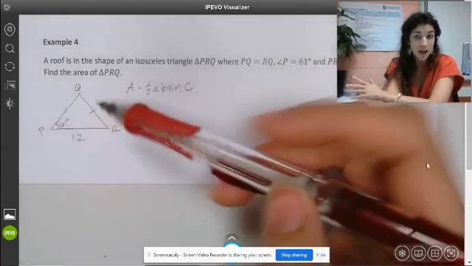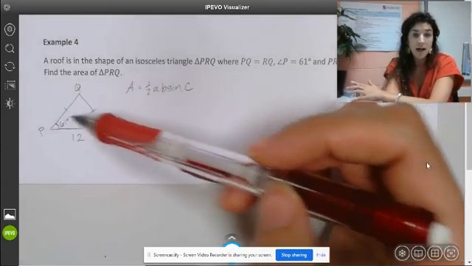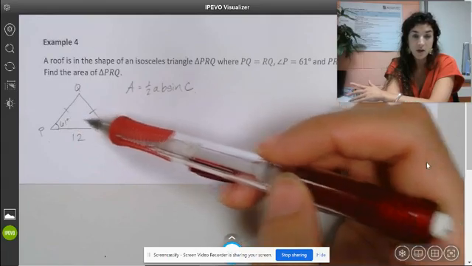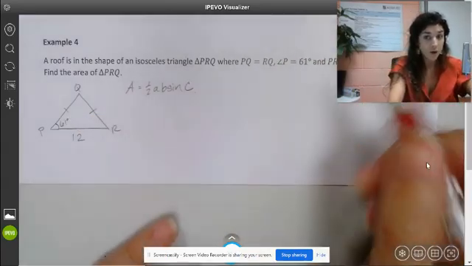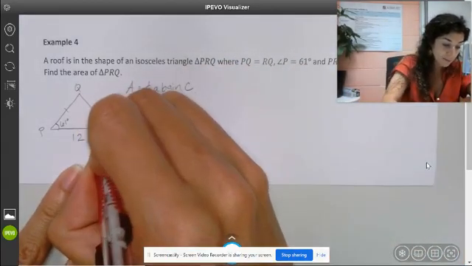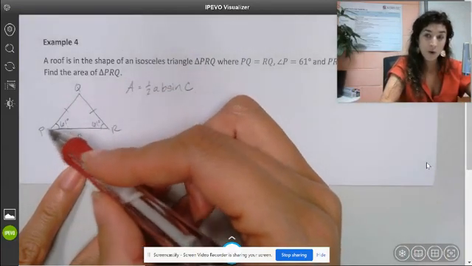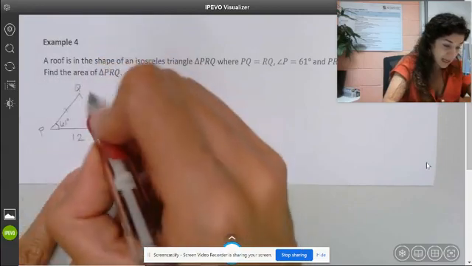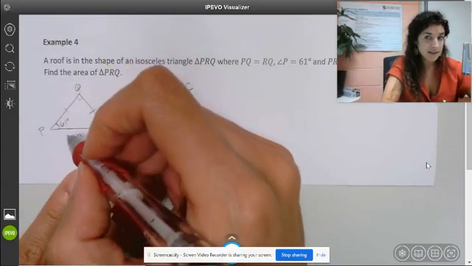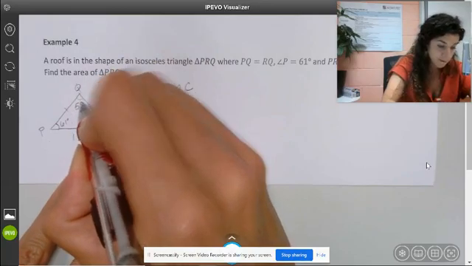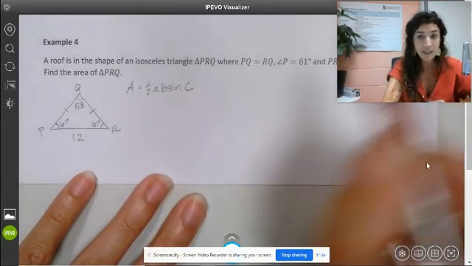That's it. So looking at what we do have here, we know that this is an isosceles triangle. So if we know this angle, we know that the other angle over here is also going to be 61. Using that, we can then solve for our third angle. I'm going to take 180 minus 61 minus 61, which is going to be 58.